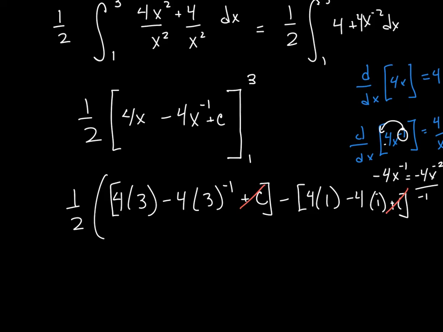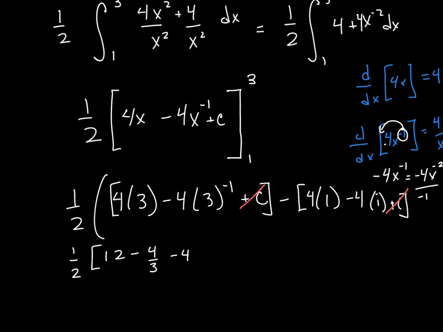All right, so I do all of this math. Let's see what we get. That 1/2 is just going to stay out front until I get all of that done. That gives me 12 minus 4/3 minus 4.